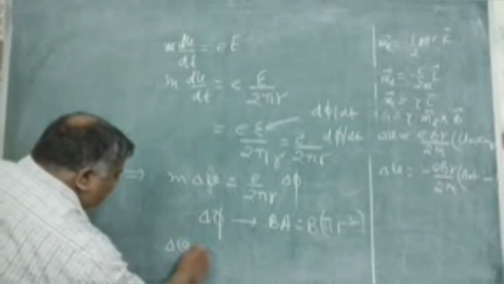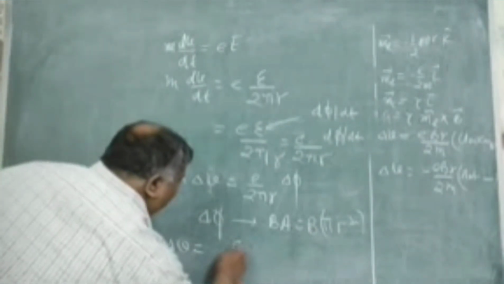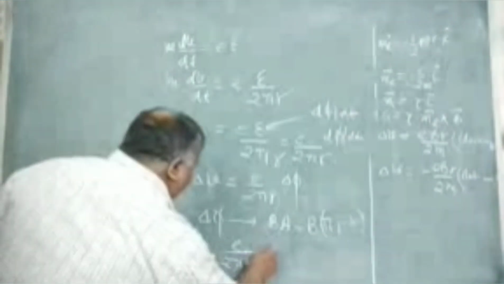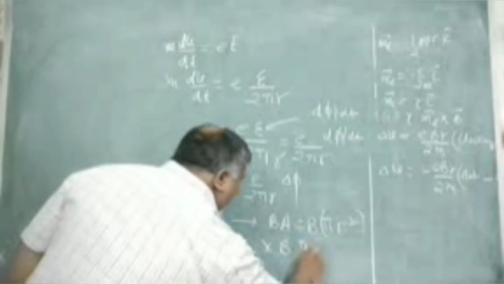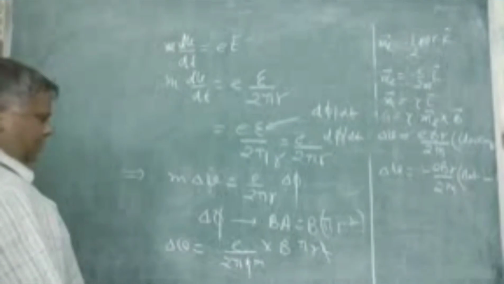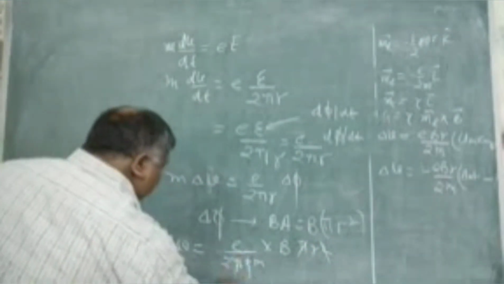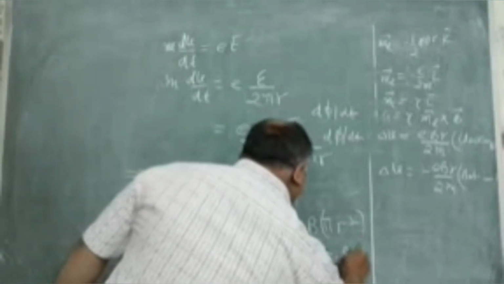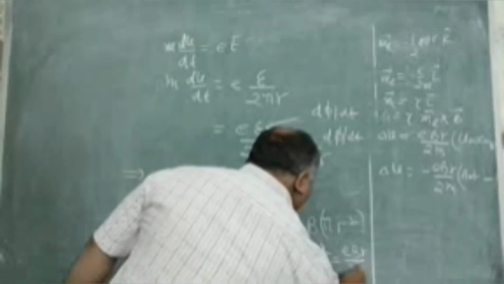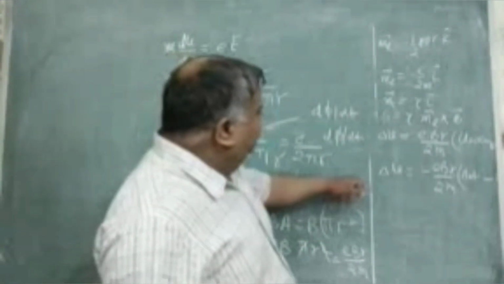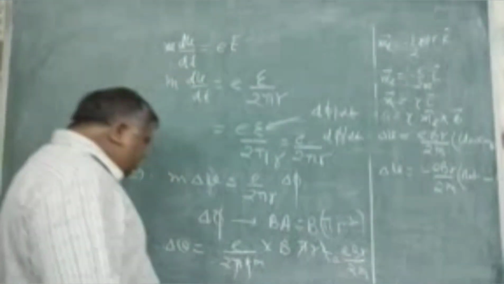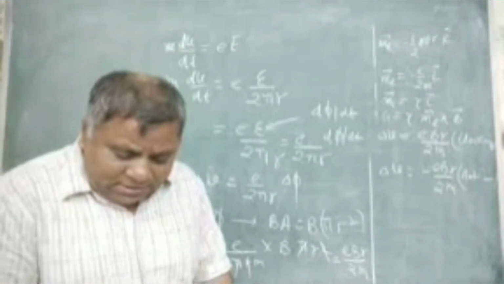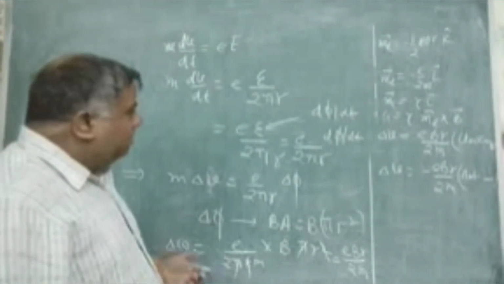So change in velocity is e over 2 pi r m into B pi r square, which is eBr over 2m, which is same. So we can reach this result in another way.